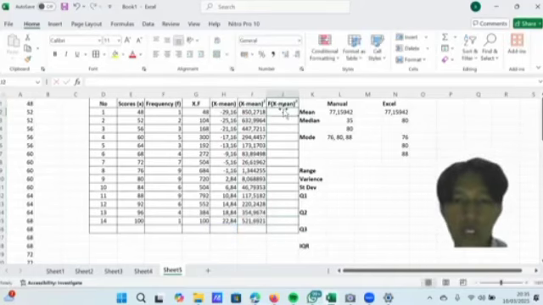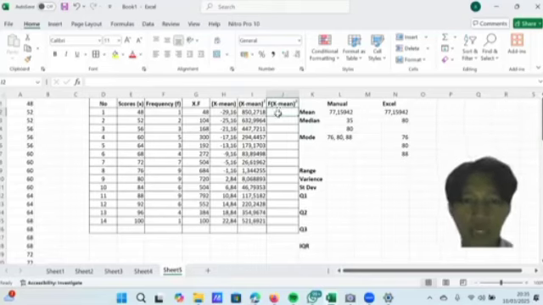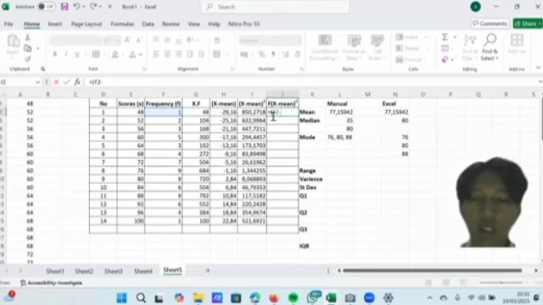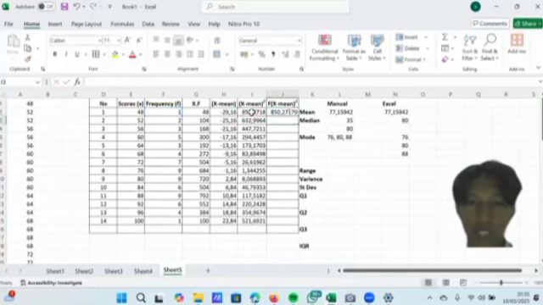After that, we're going to search for f times x minus mean squared, which is equal to the frequency multiplied by the x minus mean squared, and enter and drag it down.